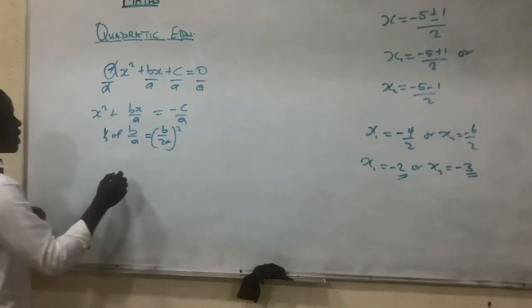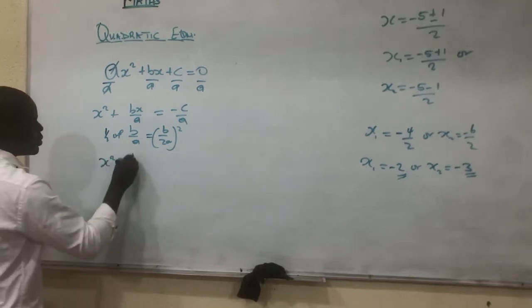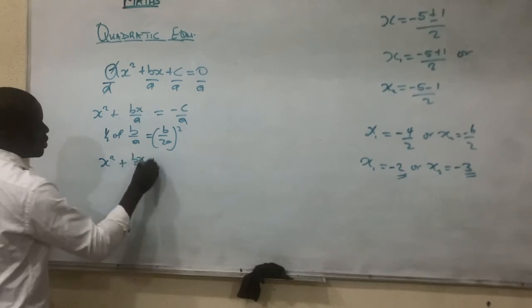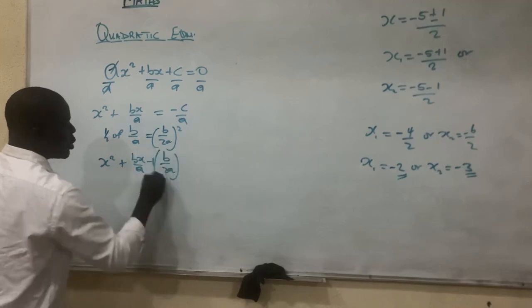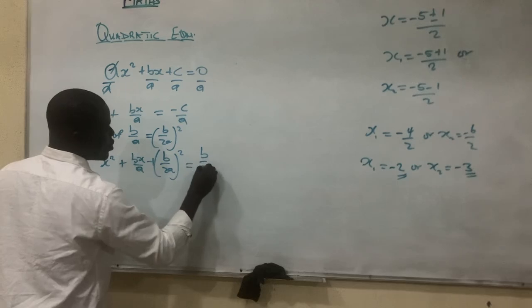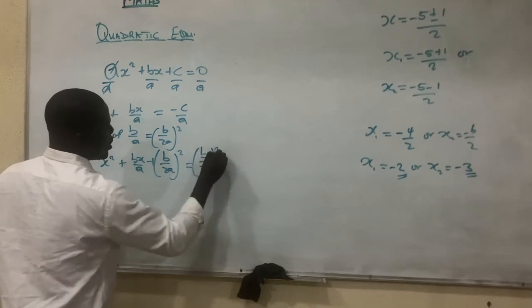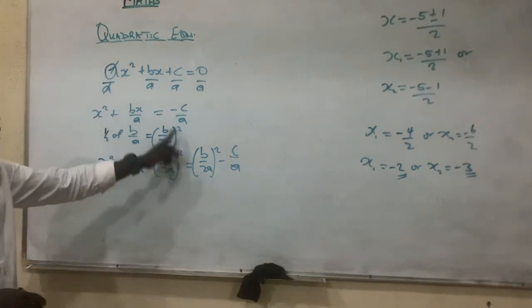In adding it to both sides, I will have x squared plus bx over a plus b over 2a all squared equals b over 2a all squared minus c over a. I have to add this to both sides.